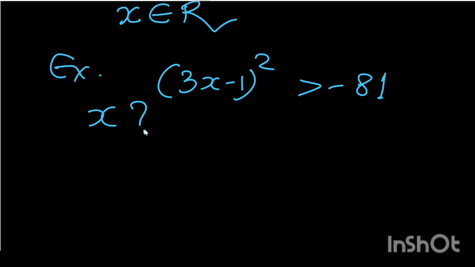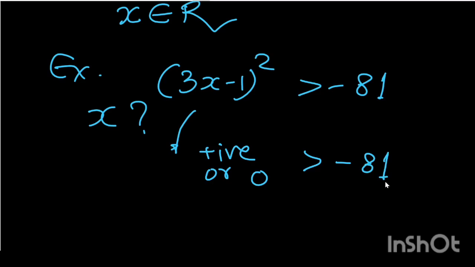Obviously the formula cannot be used, but again, if you put any x, this will be positive or 0, which is greater than minus 81. In any case, whether (3x minus 1) whole square is positive or 0, it will always be greater than minus 81. So this is true, and in this case also the answer would be all real, x belongs to R.